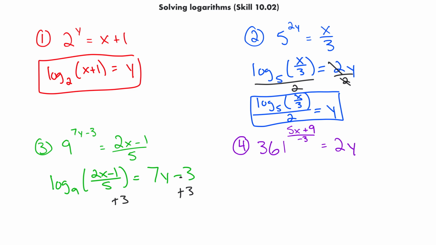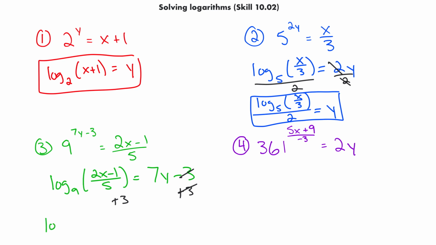Here's another critical thing. That log base 9 of 2x minus 1 all over 5: until you learn the properties, nothing can ever go into the parentheses. Nothing can ever be taken out of those parentheses. Those parentheses are an impenetrable force field. Nothing can get in, nothing can get out. So that plus 3 is not going to go inside of the parentheses.